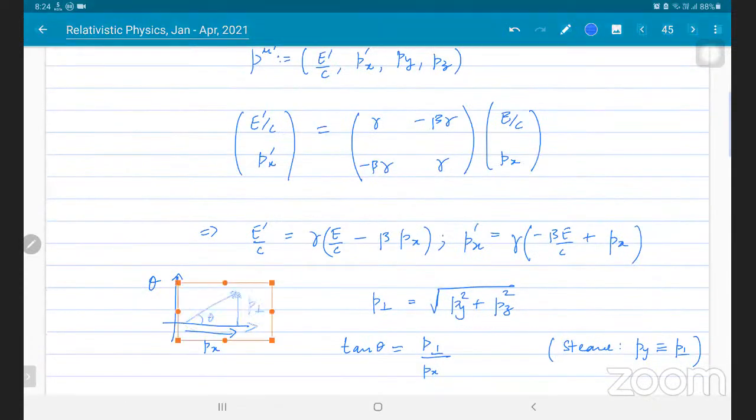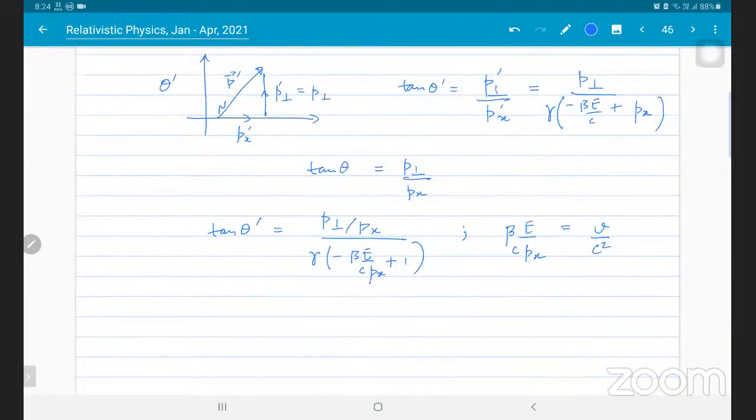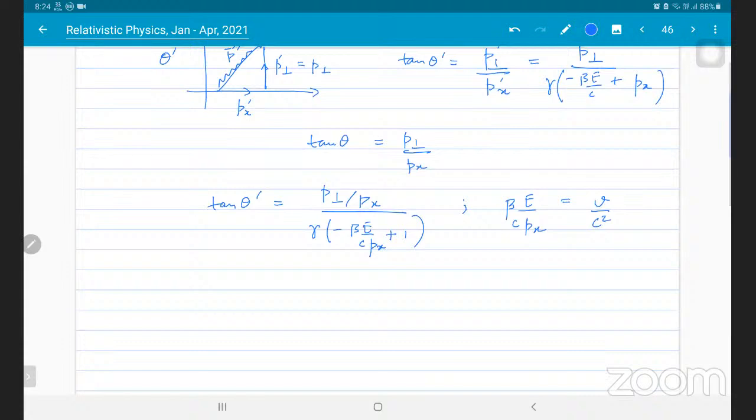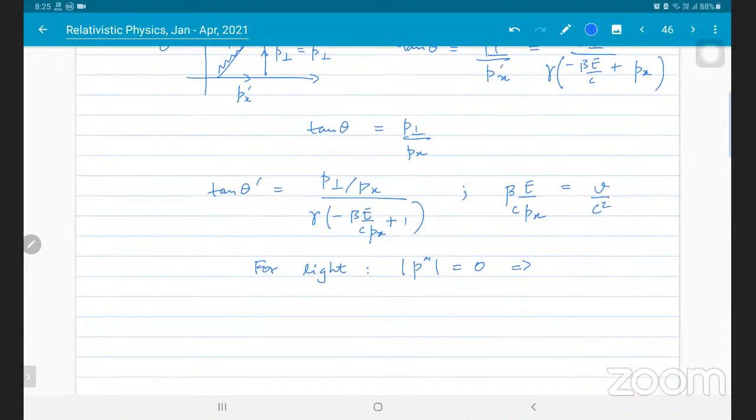We take this momentum to correspond to a beam of light. So if it's a beam of light, then we know that the momentum four-vector will be null, right? And if it's null, then you get that E is equal to PC.